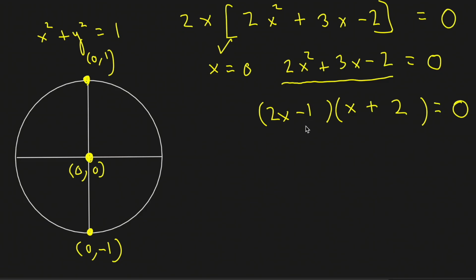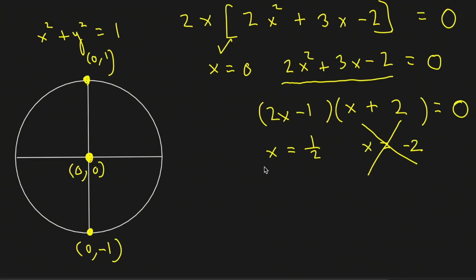This means we can set each factor equal to 0. When we set 2x minus 1 equal to 0, we're going to get x is a half. When we set x plus 2 equal to 0, we're going to get x is equal to -2. But that's not inside of our region. So that's what we would call an extraneous solution. So we can disregard that.